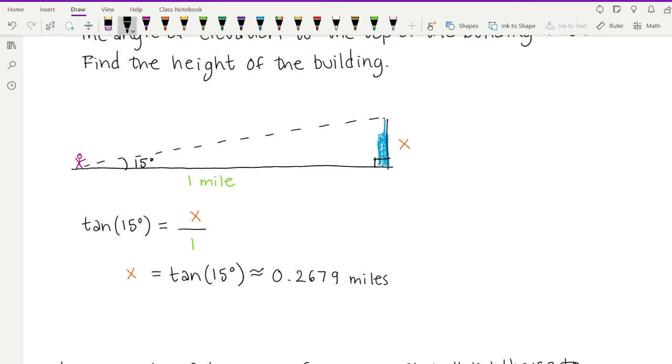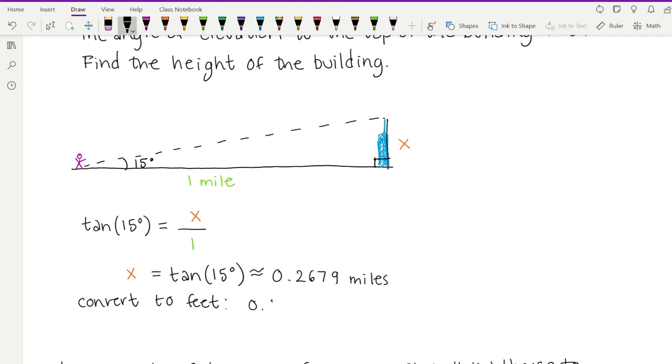So what we can do is convert it to feet. That will help us to really be able to make sense of that measurement. So this is something I actually talked about at the beginning of the quarter. How do you go about converting something from one unit to another? Well, you can multiply it by a conversion factor, a fraction that will get rid of your old units and introduce new units.